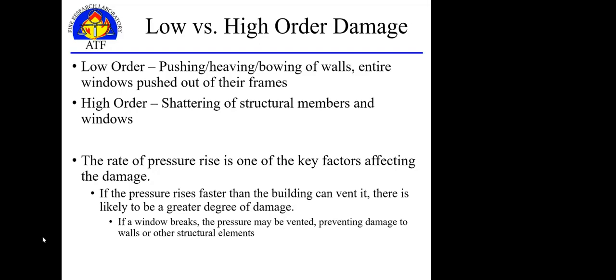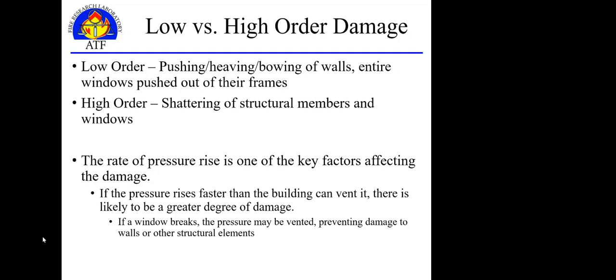So it's probably worth talking about the types of damage that we can run across in a scene. Low order damage or high order damage is something you'll hear. Low order damage is the pushing, the moving of big walls, bowing of walls, window frames or windows just pushed out of their frames.